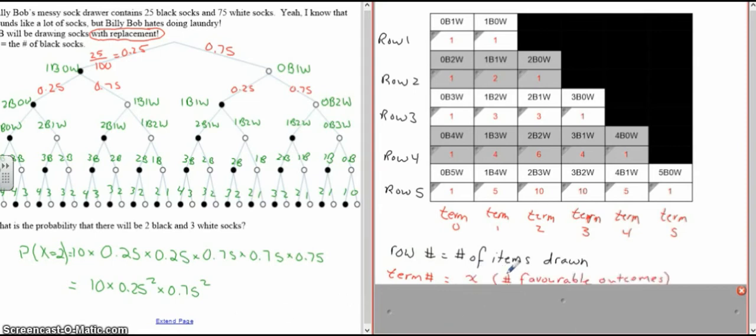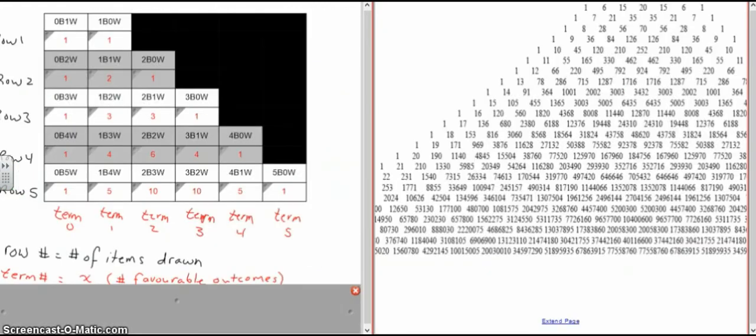And x just means the number of favorable outcomes. So again, you don't have to write any of this down because we're going to summarize it all in the note. The last thing you have to remember is if we want to draw 10 socks, we don't want to have to continue this row 10 times. We also don't have a nice big Pascal's triangle for us to get to row 10.